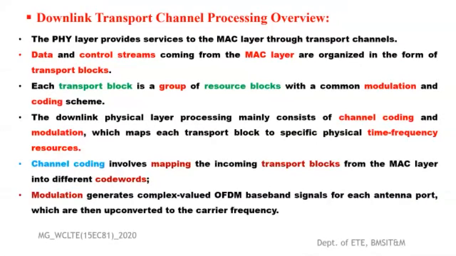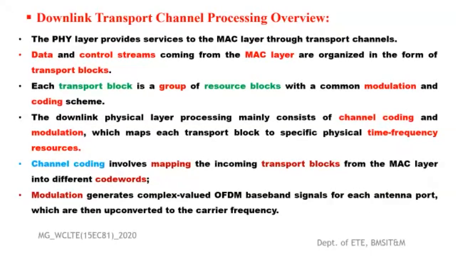The purpose of channel coding is to map the incoming transport blocks from the MAC layer into different code words. Channel coding and modulation are the two main processes in the downlink transport channel processing, right?